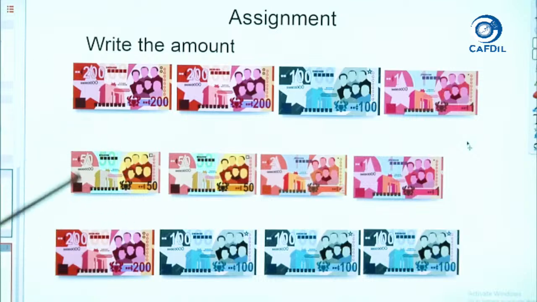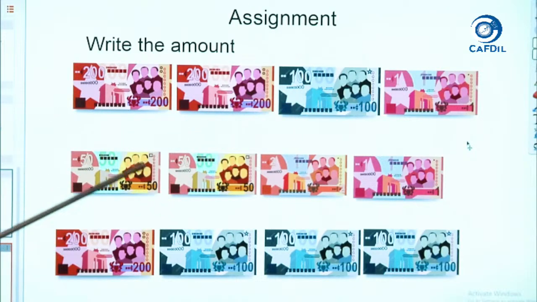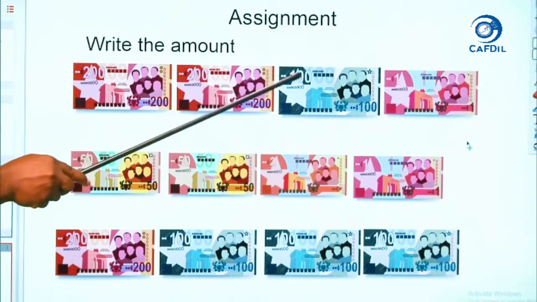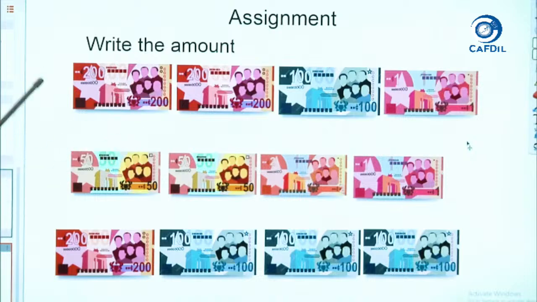Let's go through the notes here. You are going to write the amount. After adding them, you have to write them. We have the first one. This is number 1, number 2, and then number 3. You are going to write the amount for this. 200 cedis, 200 cedis, 100 cedis, and then 1 cedi. You are going to add all and write the amount for me.